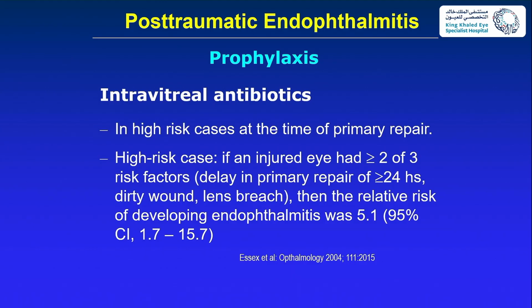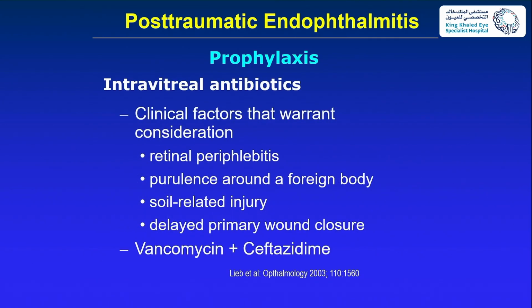This is from another study, but we had more or less the same: if an injured eye had 2 or more of 3 risk factors, delay in primary repair more than 24 hours, dirty wound, lens trauma, then the relative risk of developing endophthalmitis is 5 times. So these patients should receive prophylactic antibiotics.